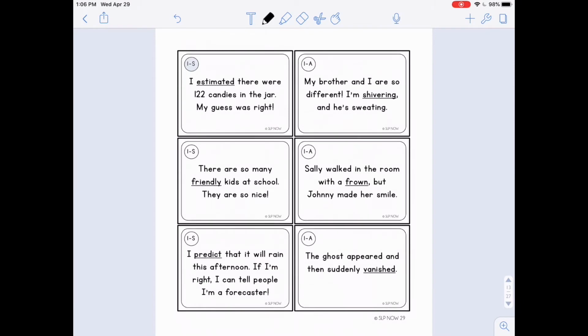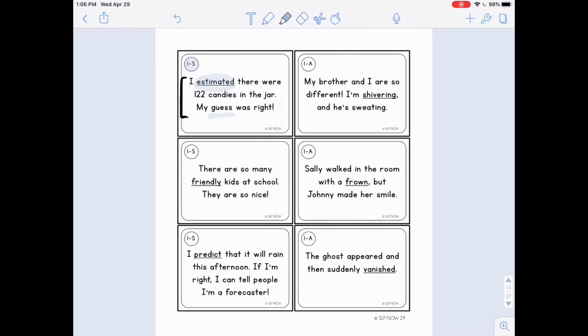Okay, this first sentence: I estimated there were 122 candies in the jar. My guess was right. Let's say that estimated is an unfamiliar word. I'm going to circle it. Are there any clues in the sentence that I can underline? I think that the word guess is related to the word estimate.